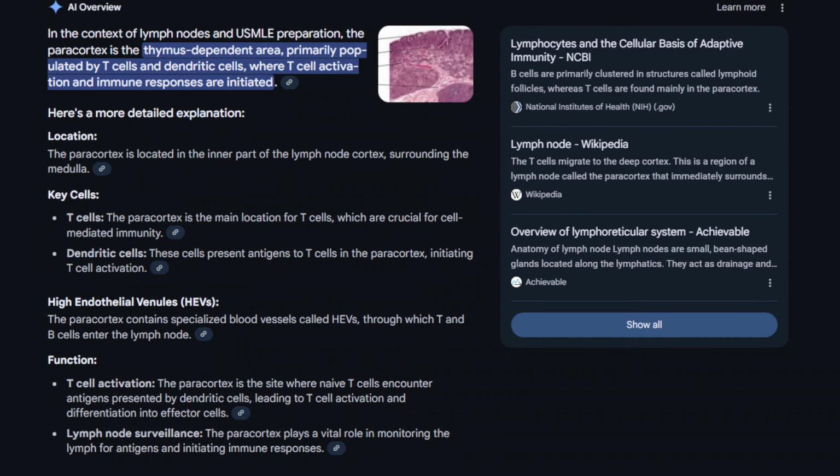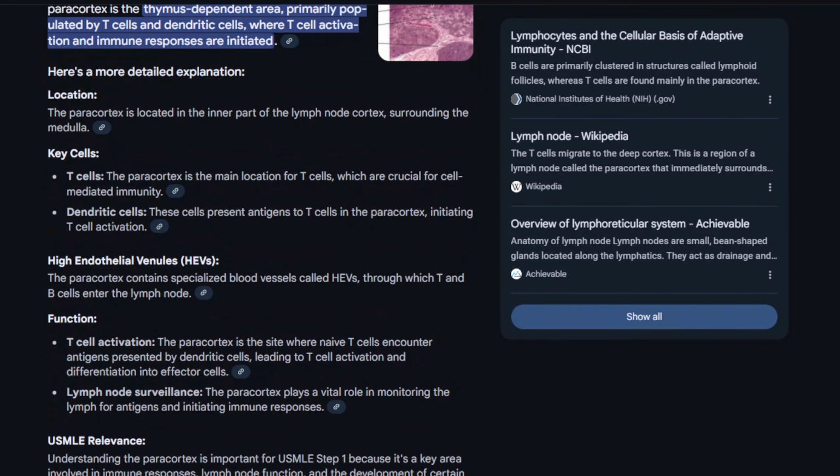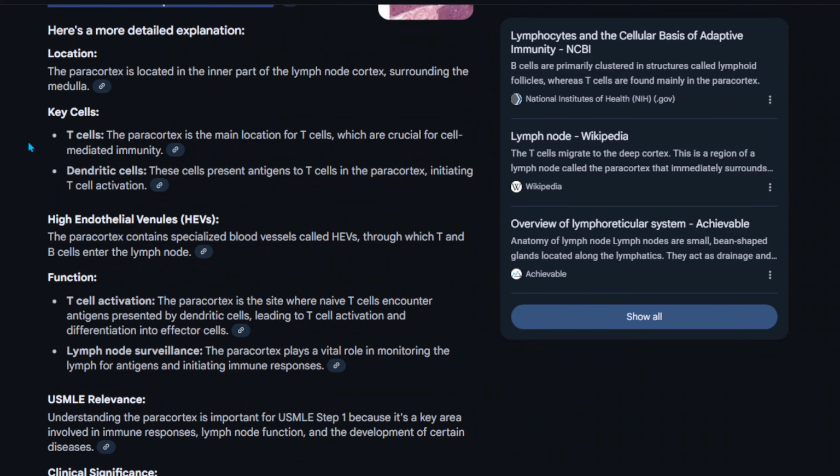Here's more detail and explanation. The paracortex is localized in the inner part of the lymph node cortex, surrounding the medulla. The key cells are the T cells and dendritic cells.